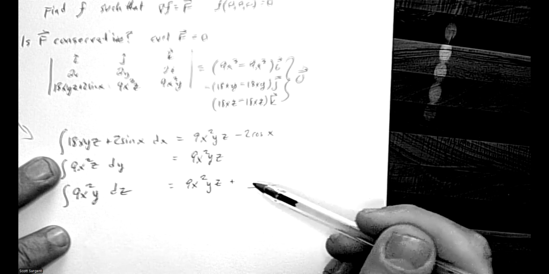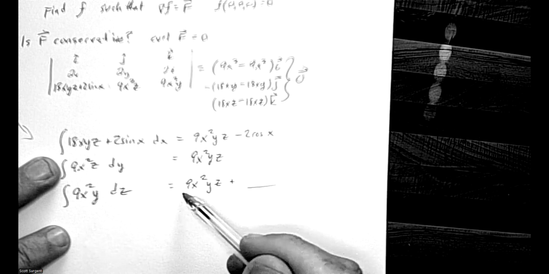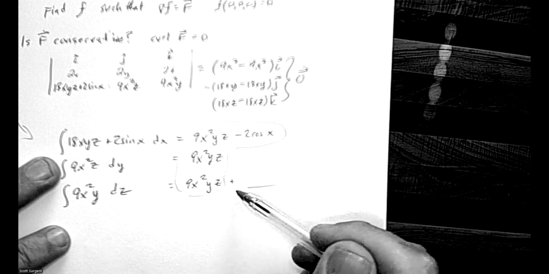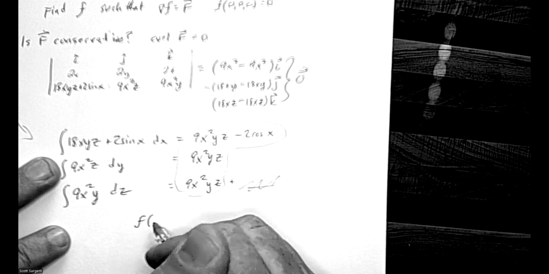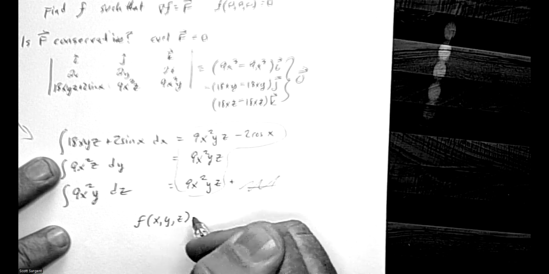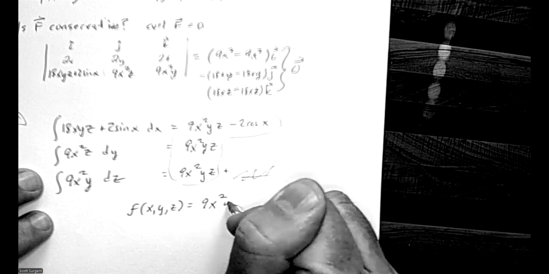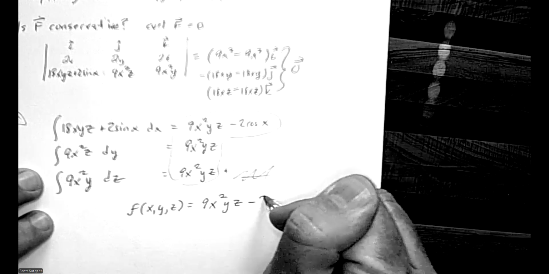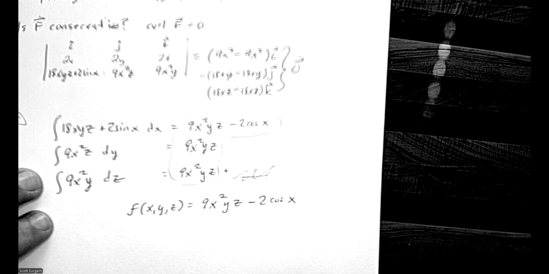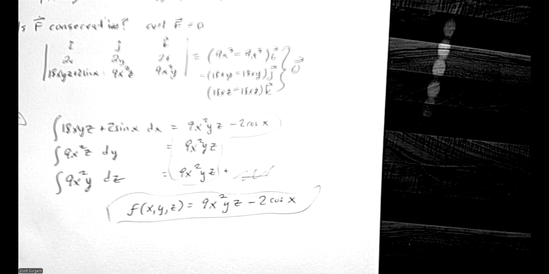What you end up doing is looking at your set of terms, and basically your potential function is these terms. If they're listed at least once, you include it, but you don't write it more than once. You'll notice that the 9x squared yz is present in all three, so just write it once. This guy was present in one of them, so write it once. And that's the generalized potential function.